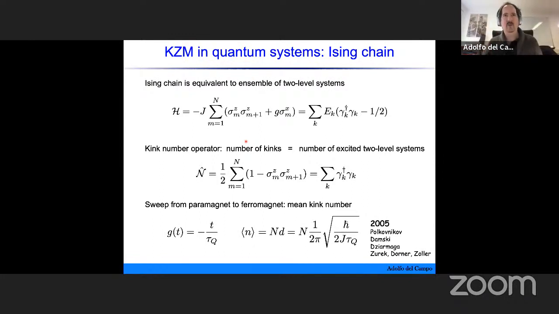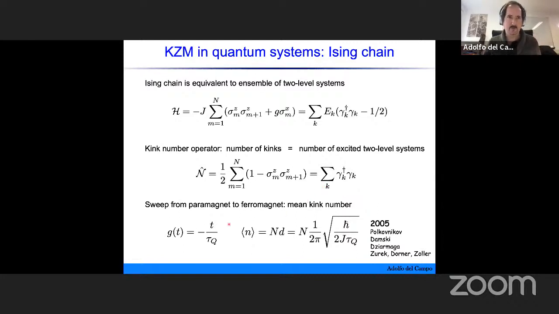And topological defects in this model are misalignments in which you have a spin up and then an adjacent spin down configuration. And this kink operator essentially counts the number of interfaces between these domains. And it does have also a very simple representation in the fermionic language, essentially just the sum of occupation numbers. Well, the dynamics is exactly solvable.